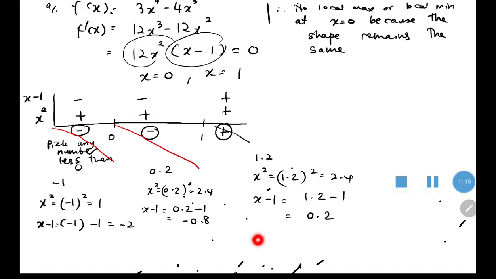Only from 1 to infinity it is increasing. Okay, so that's what I mean. There is no local minimum or maximum at x equal to 0 because the shape remains the same, which is it remains decreasing.